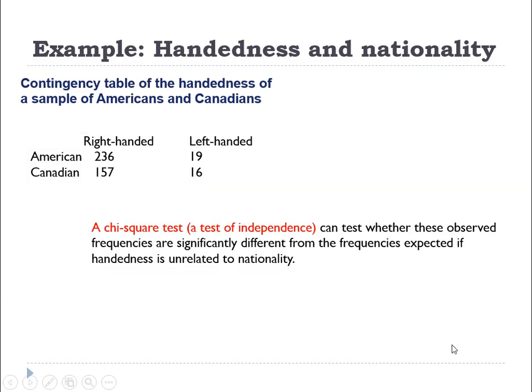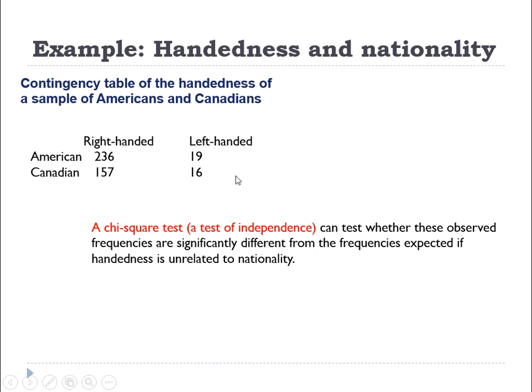So this is a second example which is better suited for type 2. Type 2 is the chi-square test of independence. In this example you have a table of how many people are right-handed and how many are left-handed, and for Americans, how many are right-handed, how many are left-handed. For Canadians, how many are right-handed, how many are left-handed.